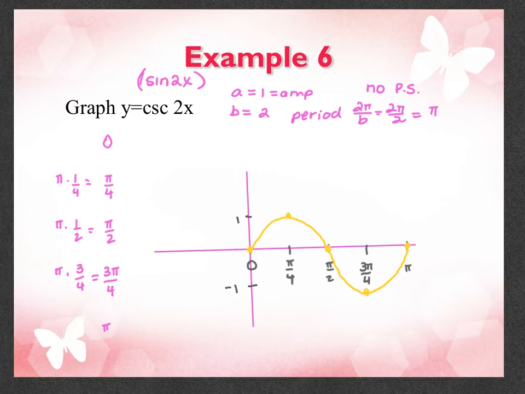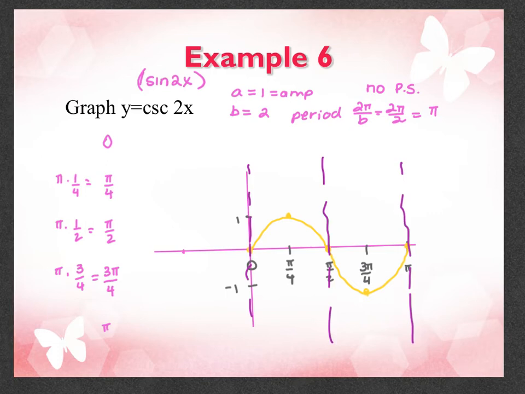So then everywhere there's a 0, if I flipped it, it'd be undefined. That's why the asymptotes happen there. How many asymptotes do I need? 4. I need 1 more. So I'm just going to duplicate this back over here. Again, I don't need it to be exact. I'm kind of just eyeballing, but I want the spacing to be the same.